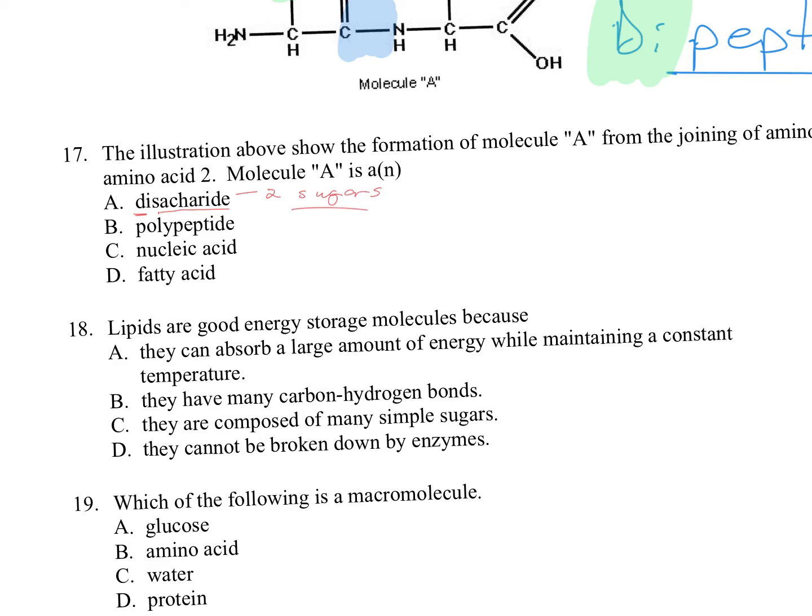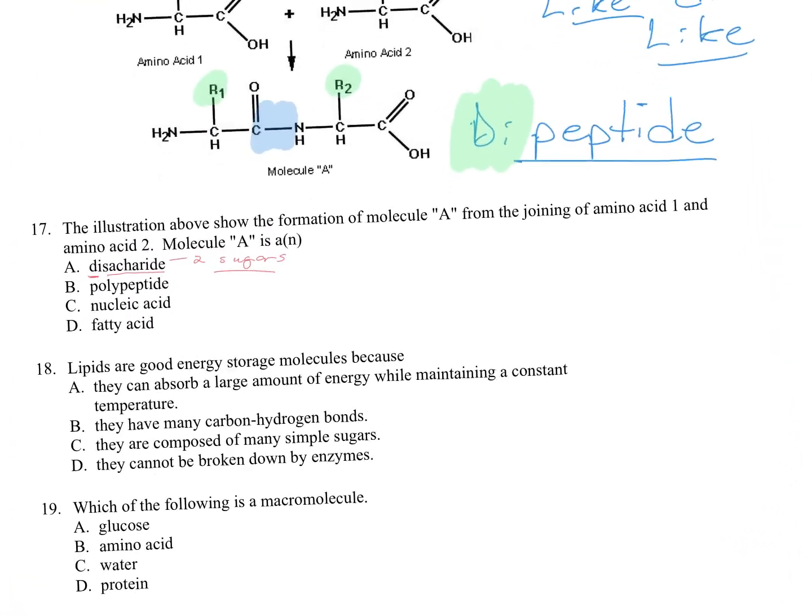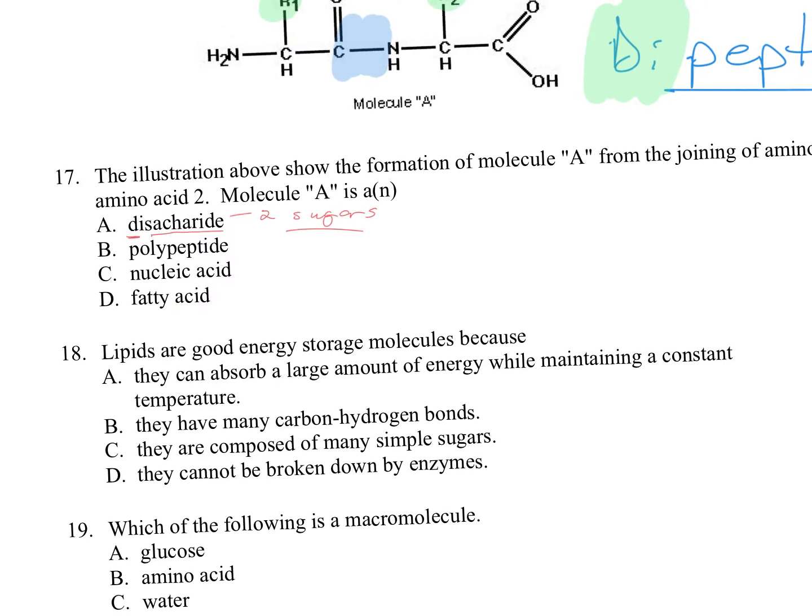Is two amino acids two sugars? No, it's two amino acids. They're involved with proteins, not sugars. So if you're not clear on that, you've got to get clear. Saccharides means sugar. Carbohydrates and proteins are different. They have different elements in them. They have different structures. You've got to know this.